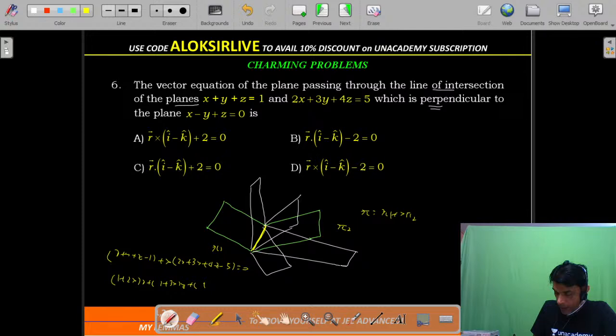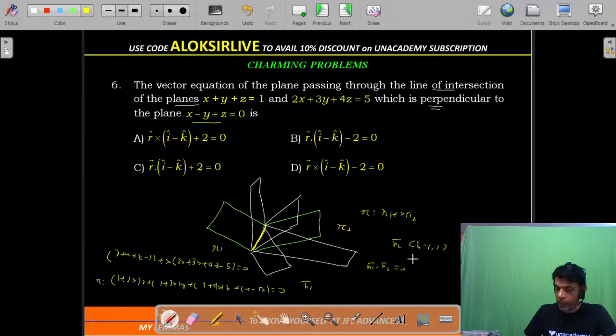But given this plane is perpendicular to this plane, so it means that both normals will be perpendicular. And so if this is n1 and this is n2, this vector n2 means 1, minus 1, 1. So n1 and n2, these two vectors are perpendicular, and so you will get n1 dot n2 is 0.